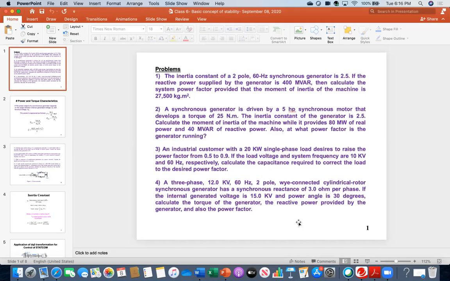Yeah, I got 3.9615 megavar. Yeah, so that's right. Q value. And then finally calculate the power factor. Manoj, there is one more question, power factor.